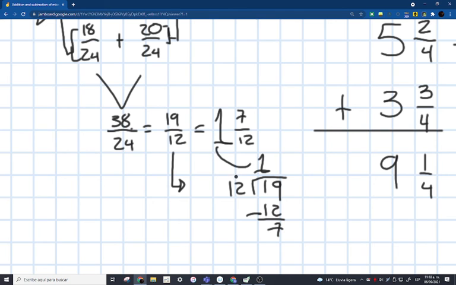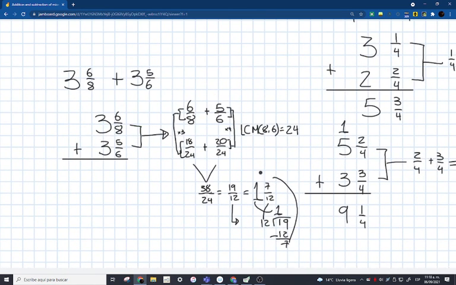Remember, this comes here, this comes here, and this comes here. So what are we going to do? We write the 7/12 here, and we give this one to the next column. 1 plus 3, 4, plus 3, 7. And that is how you get an addition of mixed numbers without having to make the graph.